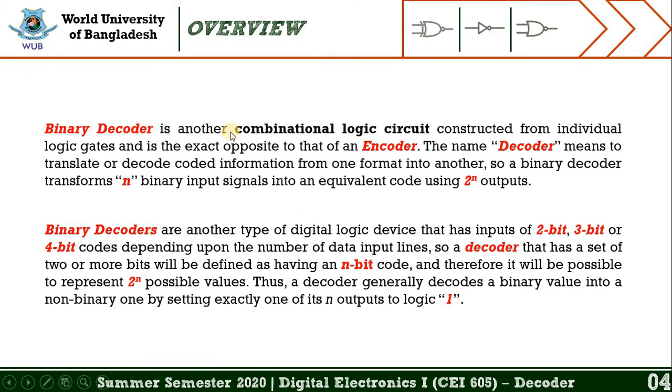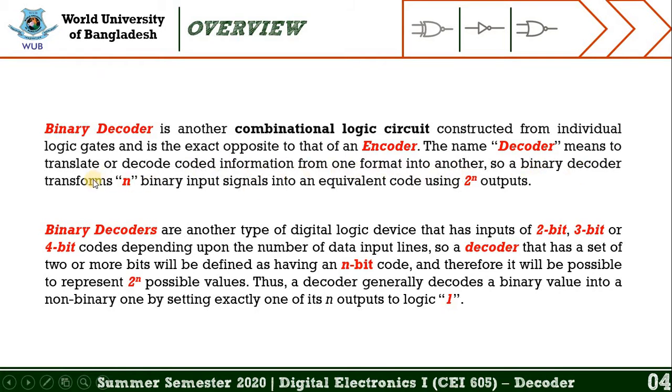A binary decoder is another combinational logic circuit constructed from individual logic gates and is the exact opposite of an encoder. The name decoder means to translate or decode coded information from one format to another.